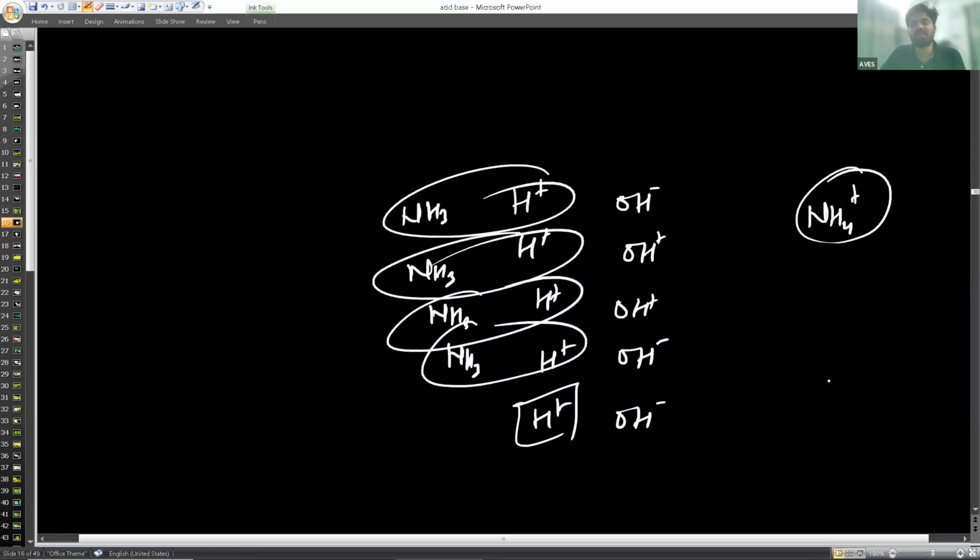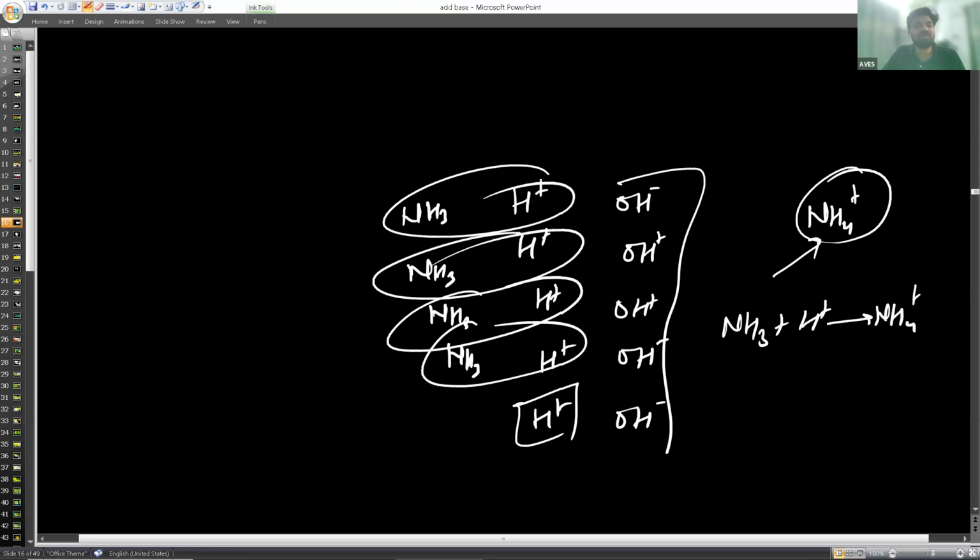So we'll see that there is only one H plus ion and 5 OH negative ions. So the basic OH ion concentration will increase, because most of the H plus ions get attached with the ammonia. When ammonia accepts the H plus ion, it forms an ammonium ion.